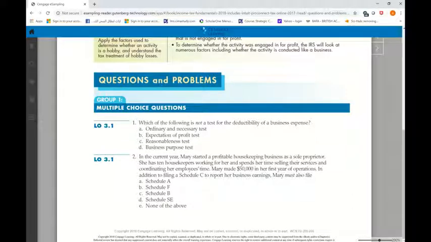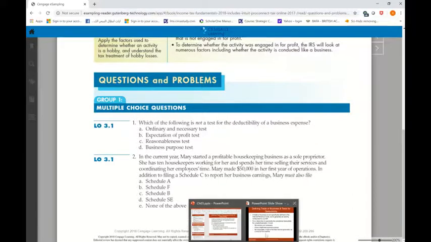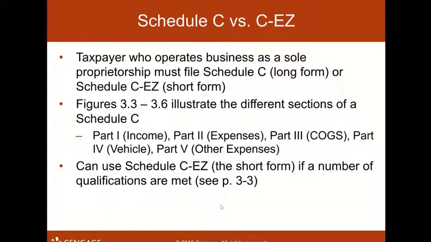So, moving to the next topic. We have Schedule C versus Schedule C-EZ. We have these two schedules.